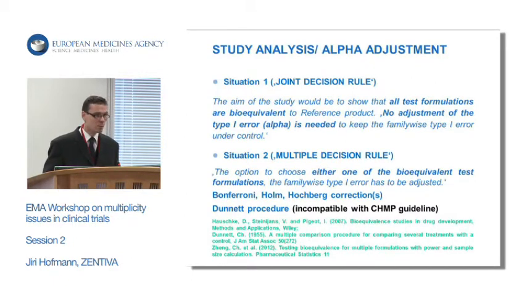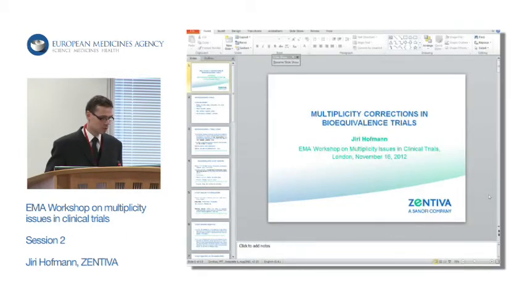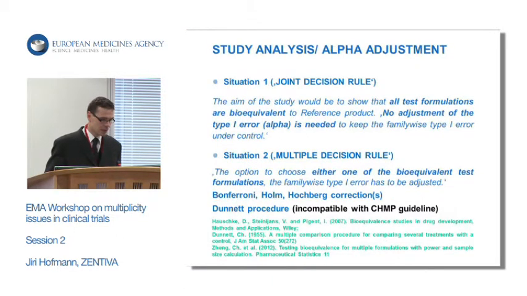But frequently, we want to have the option to choose either one of the bioequivalent test formulations, and that, of course, needs alpha adjustment. We would need to adjust the family-wise type 1 error. There are a number of procedures, and the most well-known is the Bonferroni, but there are also other procedures, like the procedures of Holm and Hochberg, that are more powerful.